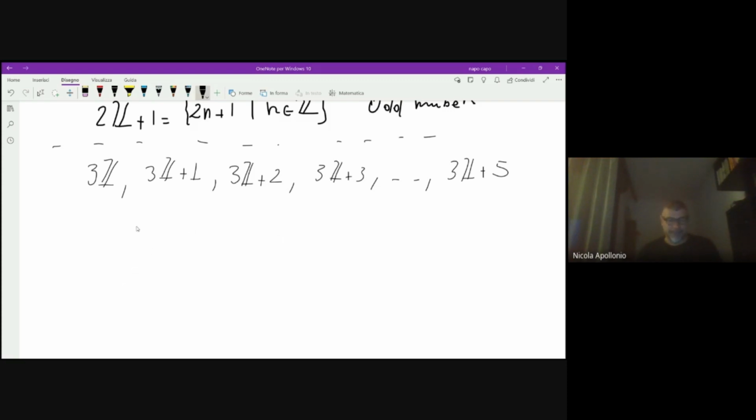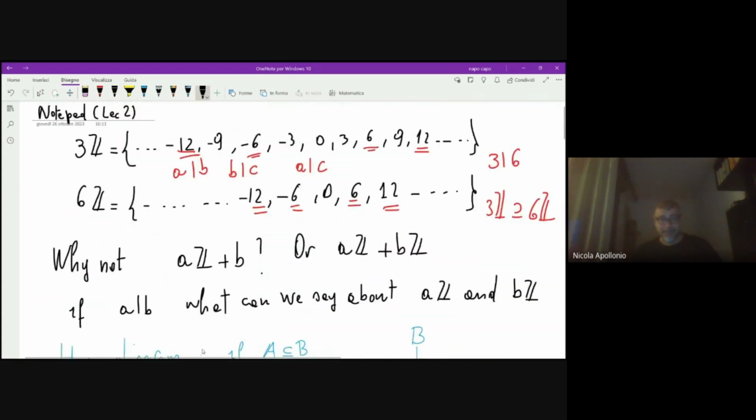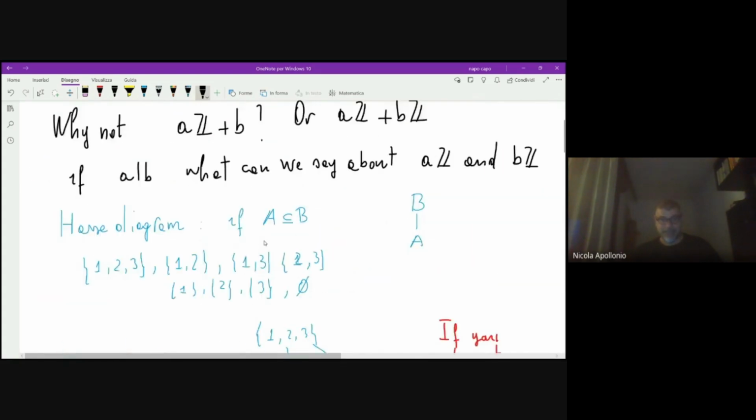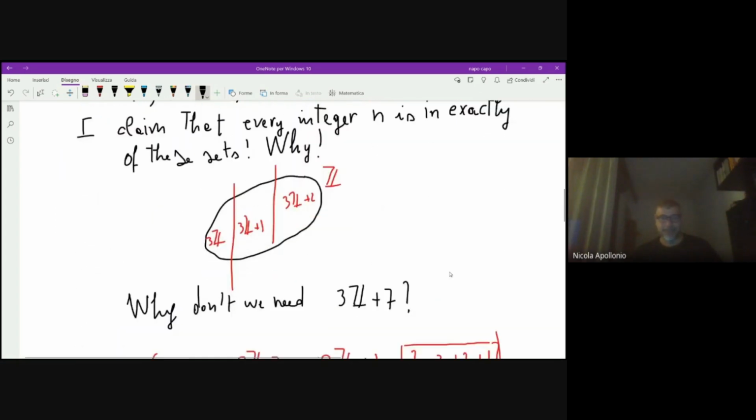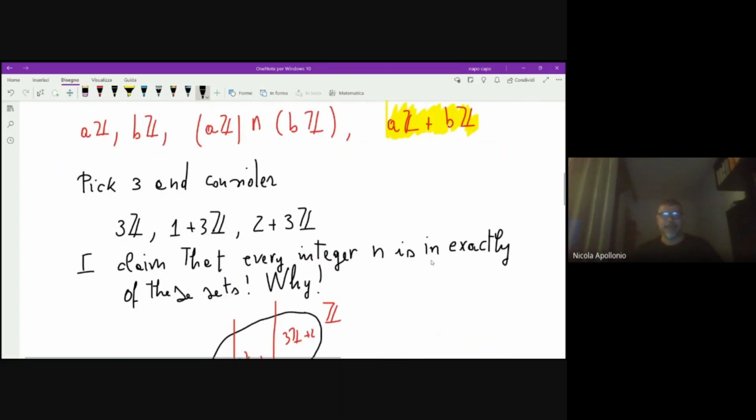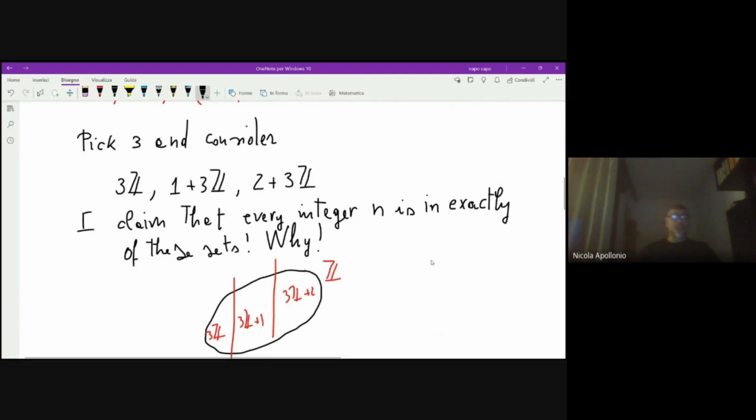So what is my claim? I wrote it here somewhere. I claim that just these three sets, 3Z, 1 plus 3Z, 2 plus 3Z, form a partition of Z. What does a partition mean?